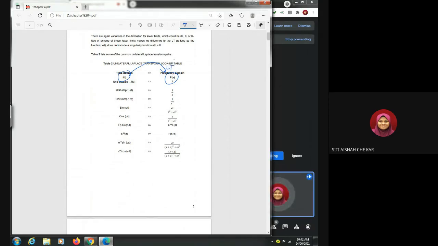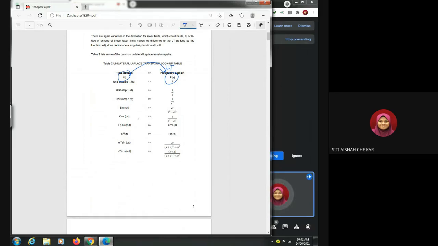So we already cover the basic one in this lookup table. If you give a ramp, unit step, delta, sine, cos, how to convert into the Laplace transform.